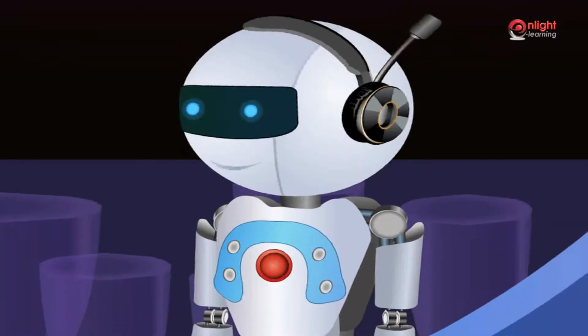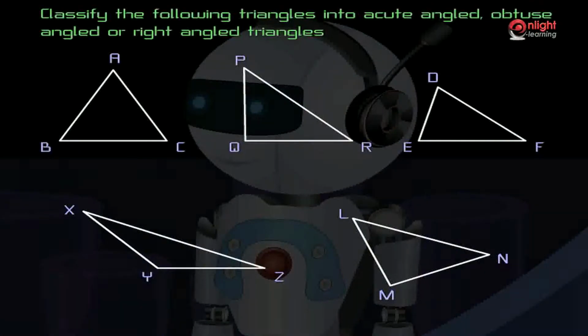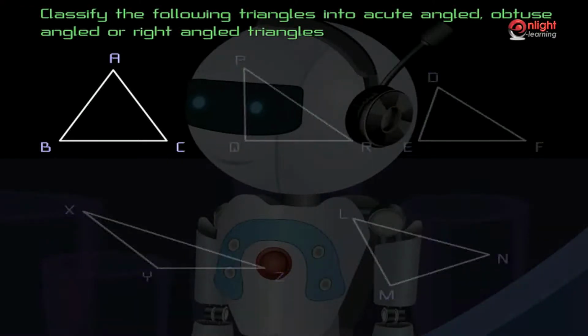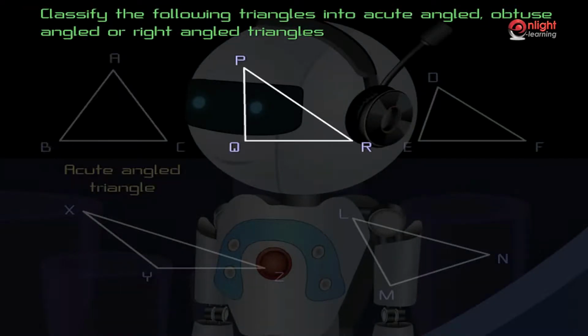Akash, can you classify the following triangles into acute angled, obtuse angled or right angled triangles? Triangle ABC is an acute angled triangle, as all the angles in the triangle are acute angles. Triangle PQR is a right angled triangle, since angle Q of the triangle is a right angle.